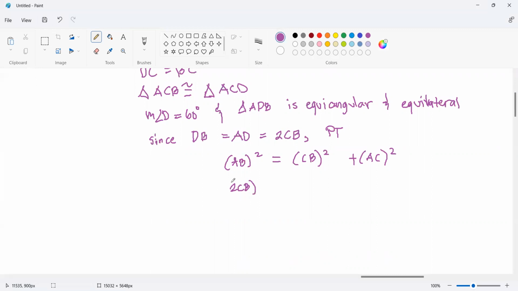So (2CB) squared equals CB squared plus AC squared. And take note that the square of 2 is 4, so 4CB squared equals CB squared plus AC squared.